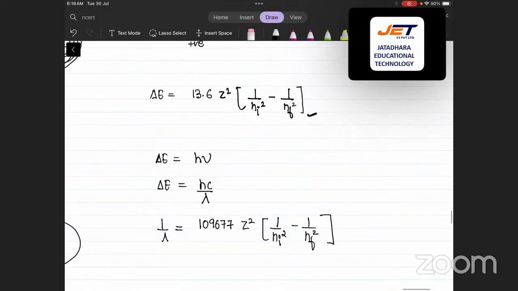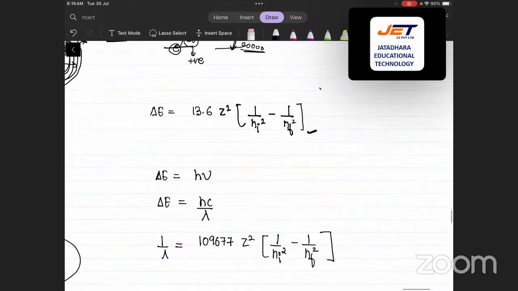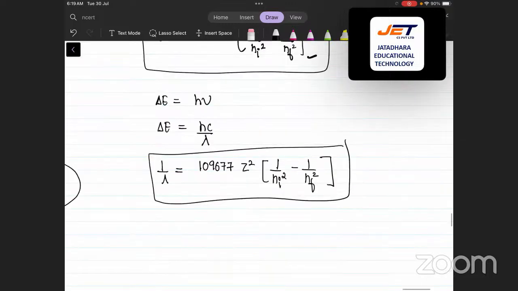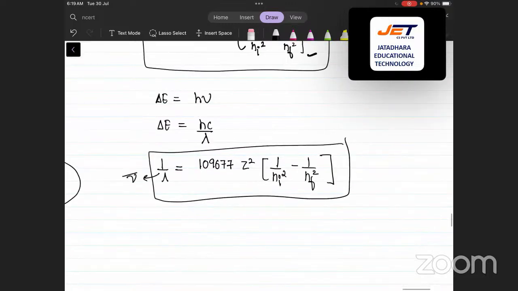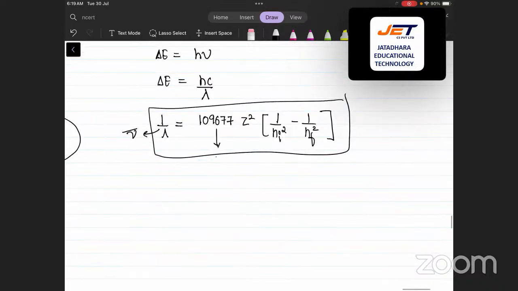So yes, we can use this formula to calculate the wave number. This is basically the wave number, or this is RH. You write it as R or RH, that is your choice.